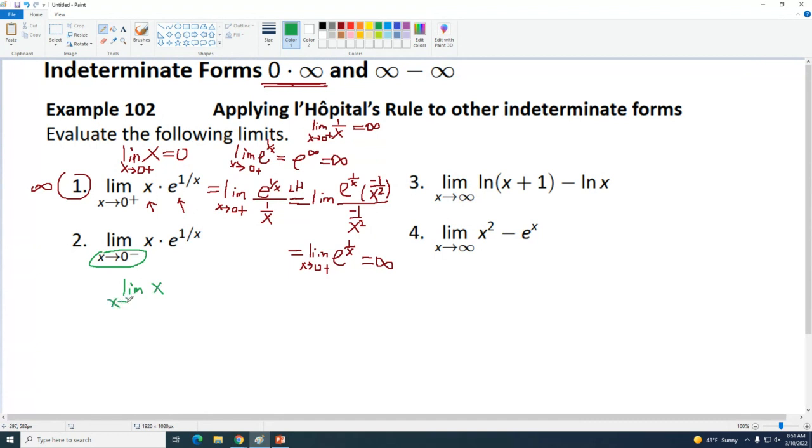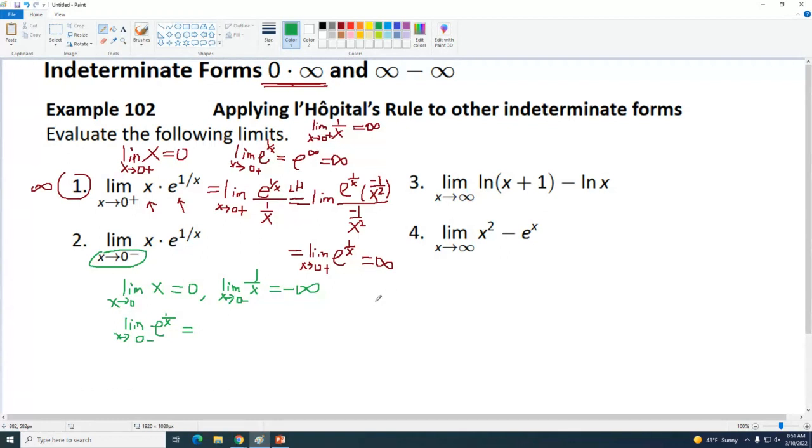But then the limit of the other factor, e to the 1 over x, when x approaches 0 from the negative side, we have to look at the limit of 1 over x. If x approaches 0 from the negative side, it's negative infinity. So that's the difference between this one and that one. The positive 0 and negative 0 cause different things.